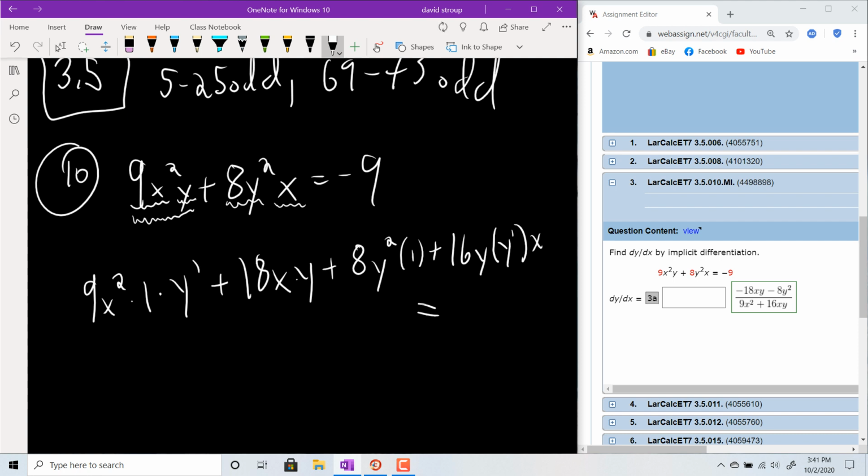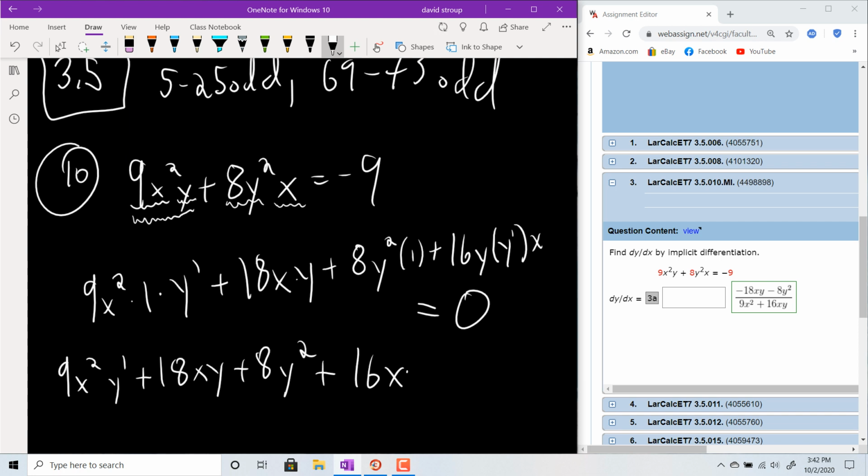And then on the other side, the derivative of negative 9 is 0. Okay, let's clean it up. 9x squared y prime plus 18xy plus 8y squared plus 16xy y prime equals 0.